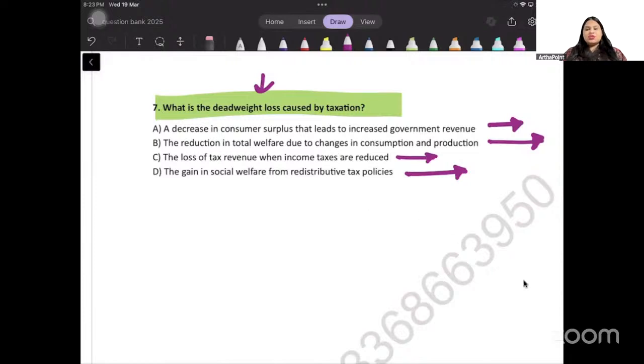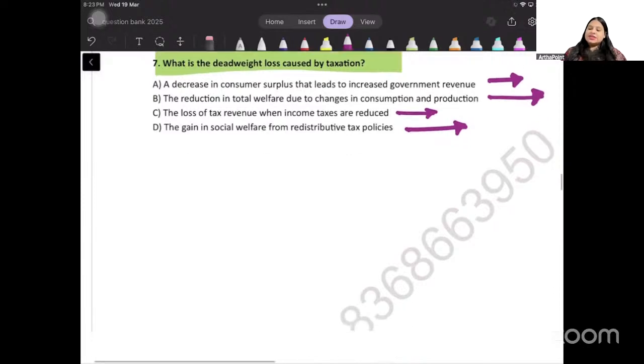So what should be the answer to this question? Good. Very good. Yes, that is the right answer, beta. Deadweight loss basically is the reduction in the total welfare. Correct. All of you are right. Yes, that is the correct answer.